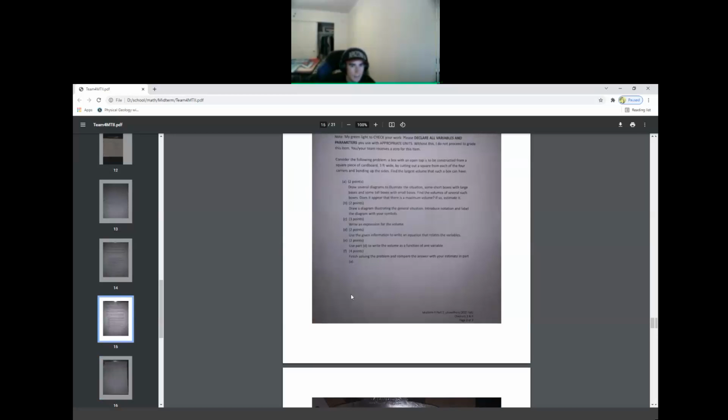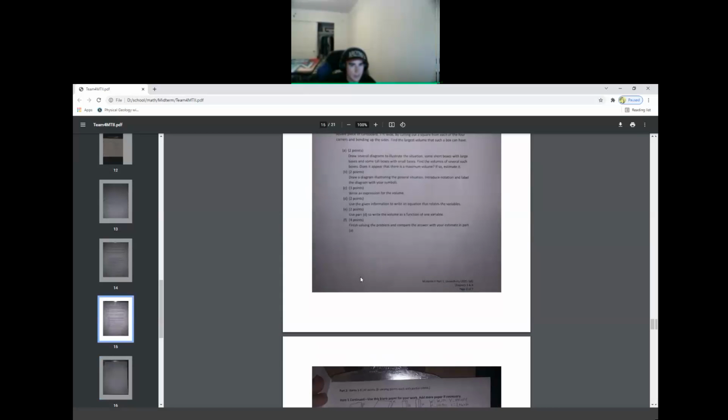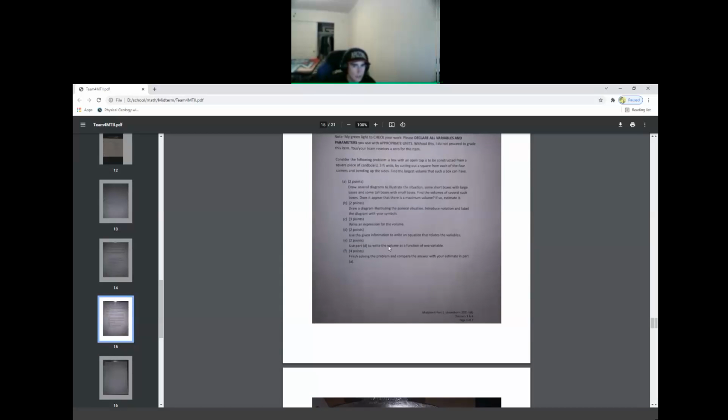So part C says to write an expression for the volume. I know volume is going to be equal to length times width times height. If X is the length and width, then volume is equal to X squared times Y. For D, it says to use the given information to write an equation that relates the variables.